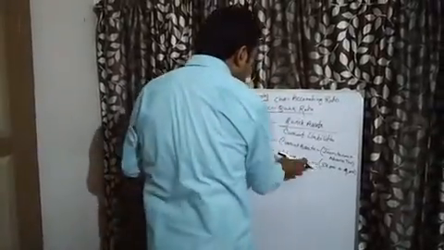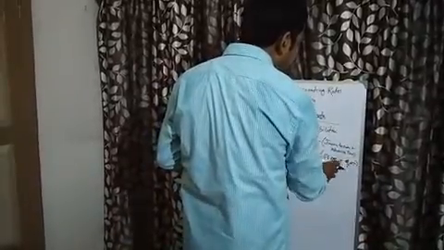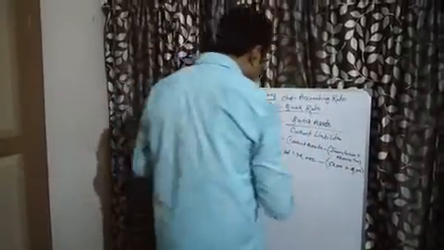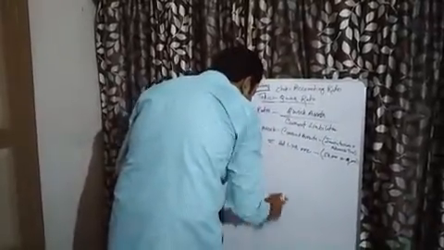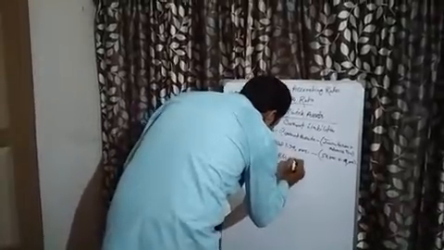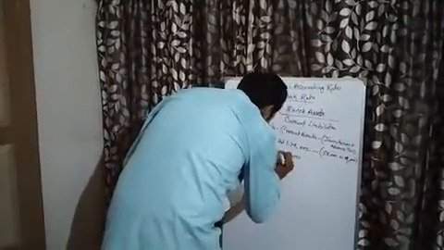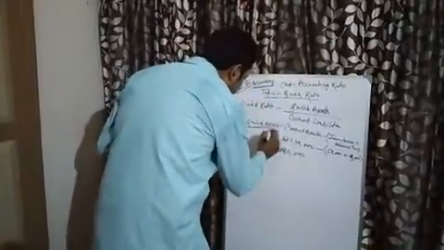Then from this current asset amount, you deduct inventories and advance tax, which are not actually quick assets. So that comes to 80,000. Now this is the quick asset we have got.